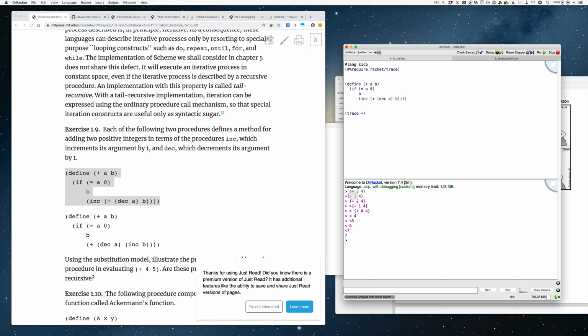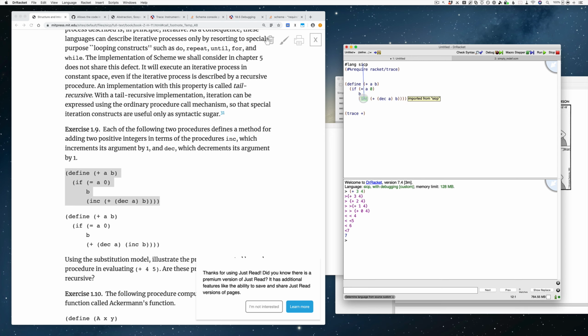We had to decrement down 3 steps and go through 3 levels of recursion to get down to where A is 0. So then we've got to go up 3 steps until we're done making all the calls and doing all the upward increments that we need to do.